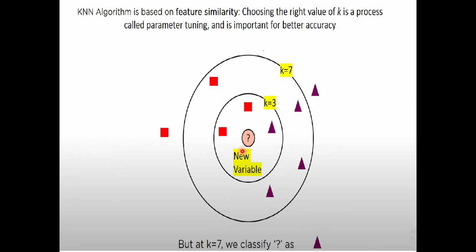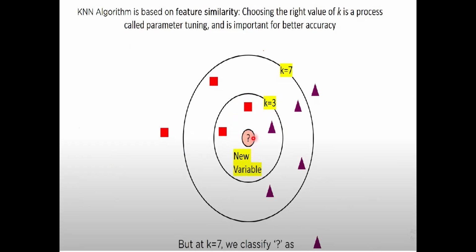From this data point, I'm going to calculate the similarity measure for every point, from this new variable to this, and this to this, and I'm going to make it one cluster, right? As in this cluster, nearest to this, only 3 points are present. I'm going to consider that my K value is 3.